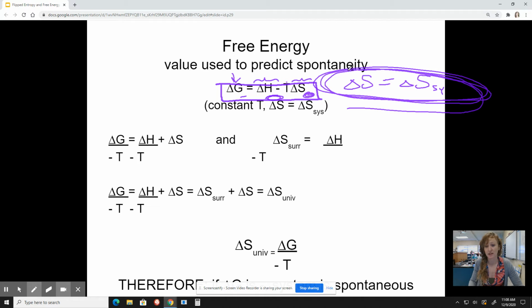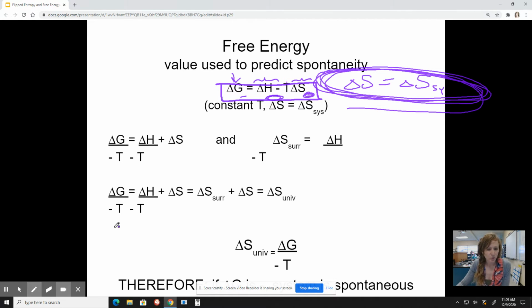It's used a lot more, and it's in the free energy equation, which can be used to predict spontaneity too. So delta S of the system from this point on becomes the important entropy for us anyway. That all goes to say, if you ever see entropy with no subscript, it is entropy of the system.